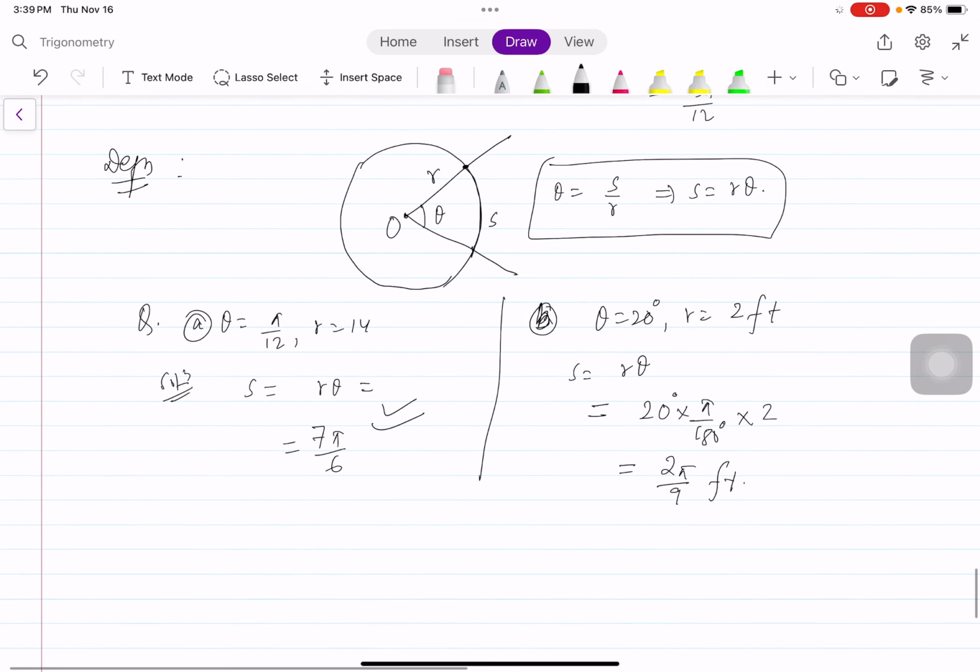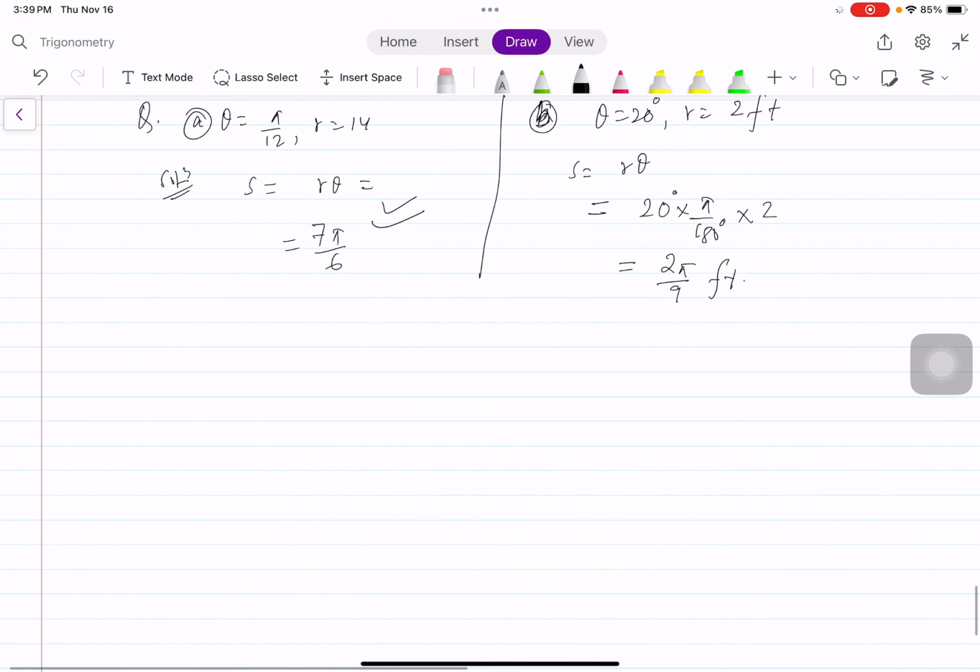Now, application of this formula. Let's do an application problem. The application of this formula is very interesting. Let me put this problem here.